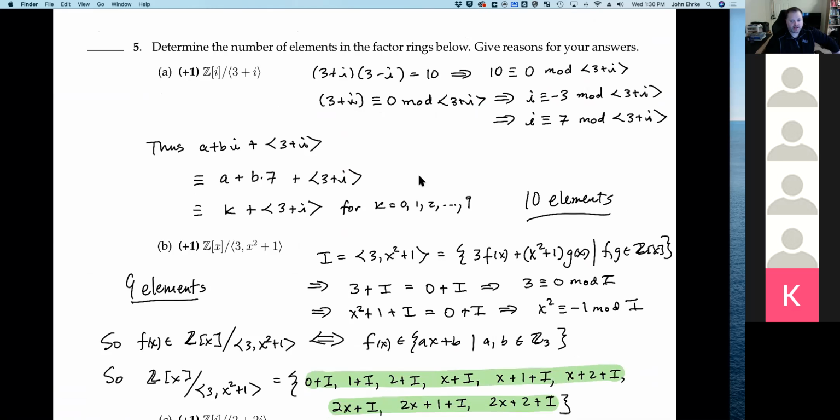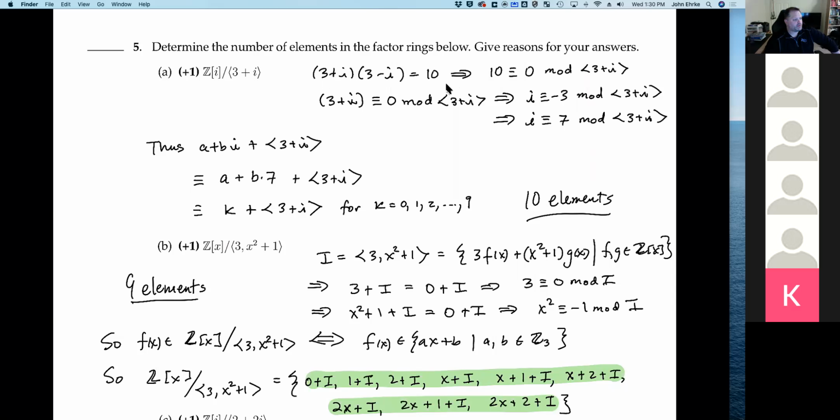All right, now this gets me to the heart of this skills quiz. You really need to be able to do problem number 5, okay? I think we actually looked at A in class, so hopefully none of you missed A. If you look at 3 plus i times 3 minus i, you get 10.